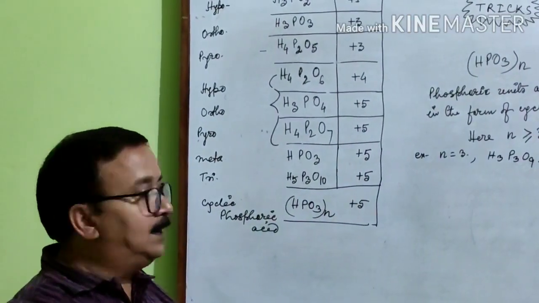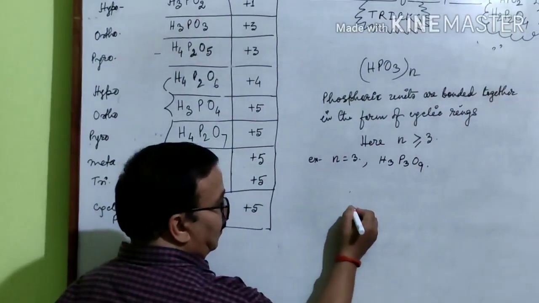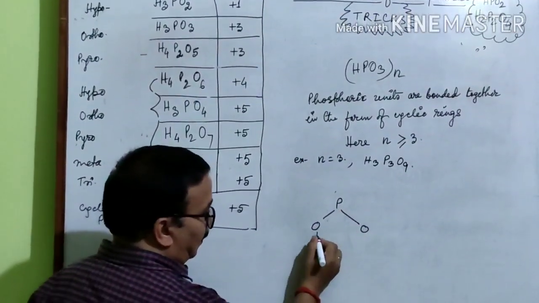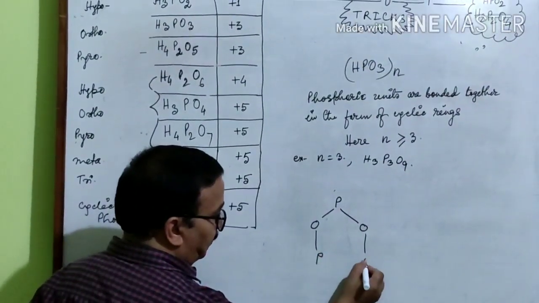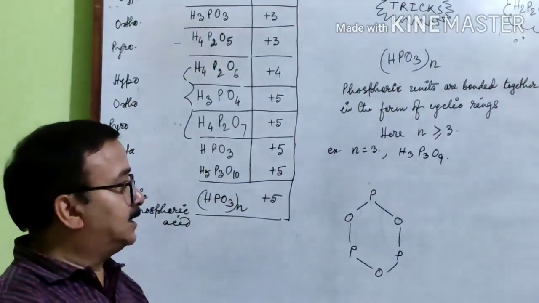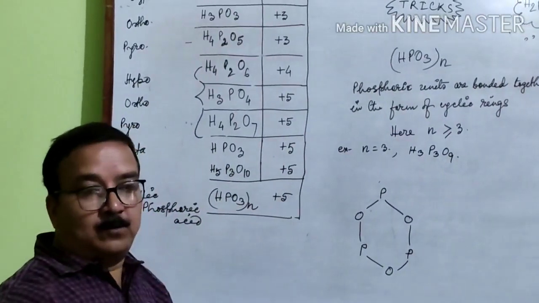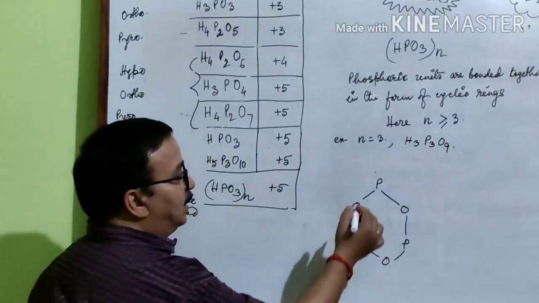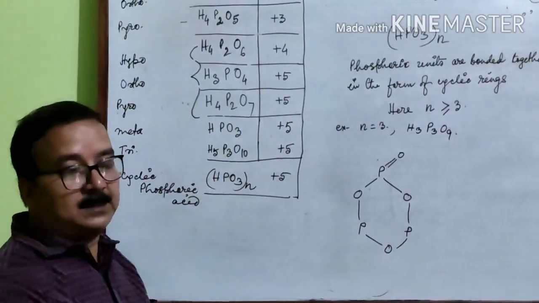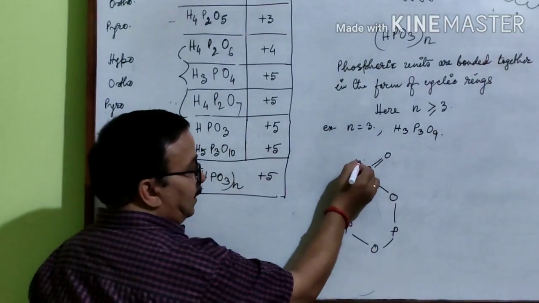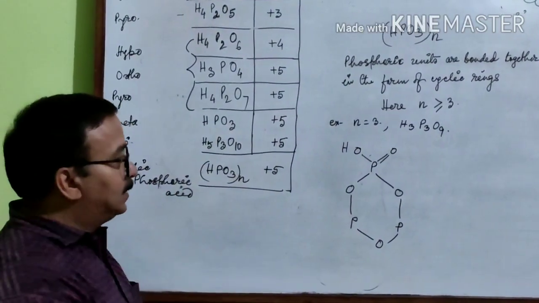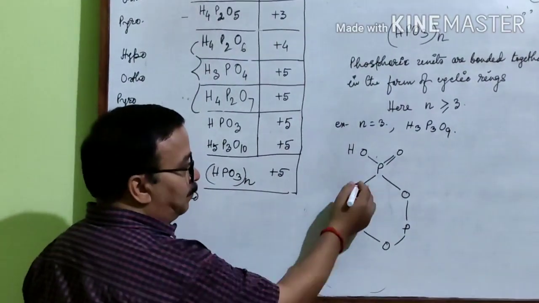Since it is a cyclic structure, therefore we draw P, O, again P, O. This is the cyclic structure, and from each phosphorus atom an oxygen makes a double bond, and a single bond is present between OH and P. Same is the case with every P atom.